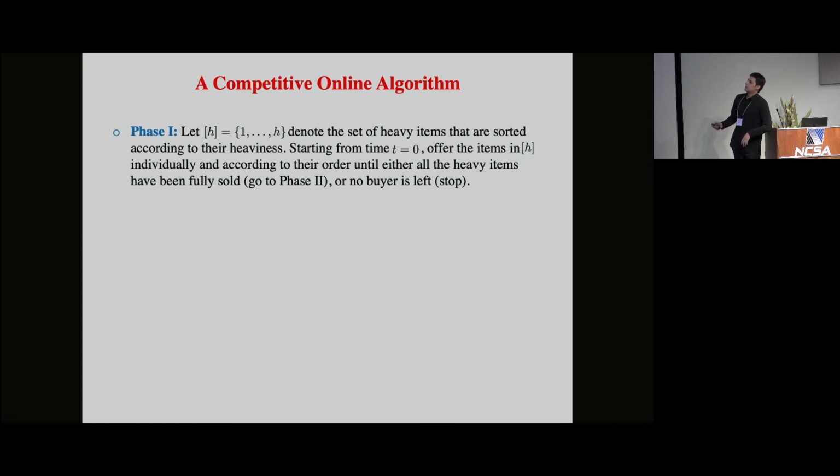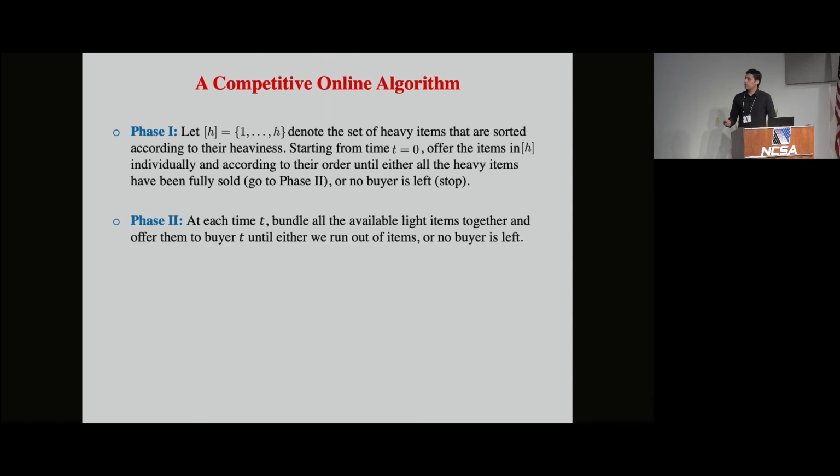Then, starting from time t, we offer the items in this list one by one and individually to the buyer until either we run out of heavy items or we run out of buyers. If we run out of heavy items, but there are still more buyers coming to the market, then we bundle all the remaining light items together and offer them to the buyer.